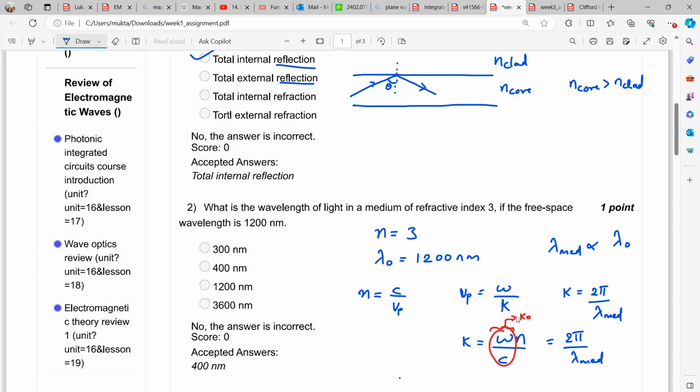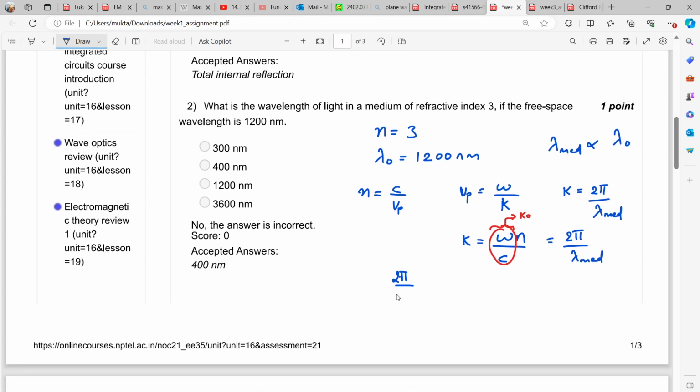That is nothing but 2 pi over lambda naught, the free space wavelength, into n, is equal to 2 pi over lambda in the medium. 2 pi gets cancelled.